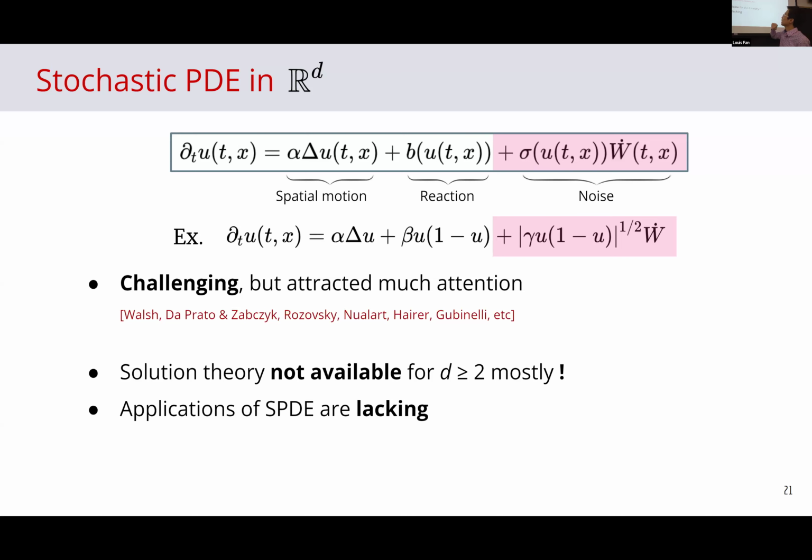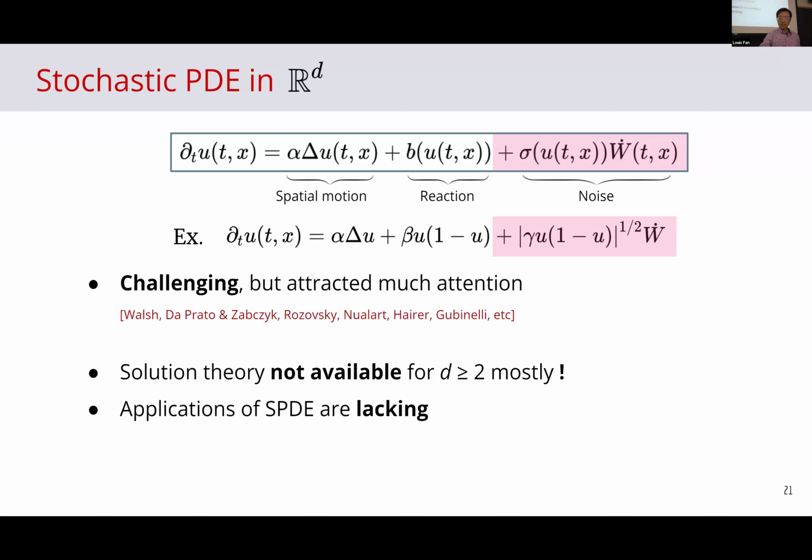So in general, analyzing stochastic PDEs is challenging. As a matter of fact, even just for this equation, and in fact for almost all reaction diffusion equations driven by space-time white noise, there's no solution theory for dimension 2 or above.